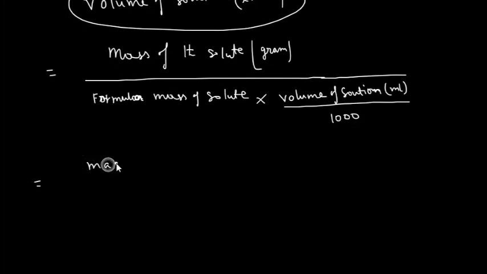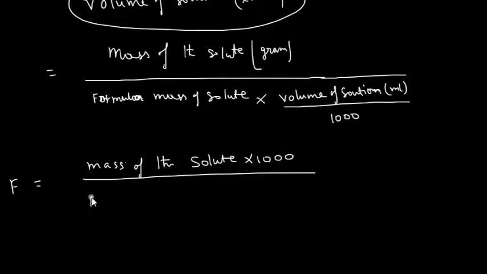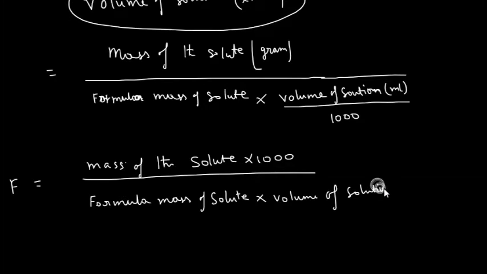So the final formula of F will be mass of the solute multiplied by 1000 upon formula mass of solute multiplied by volume of solution in ml.